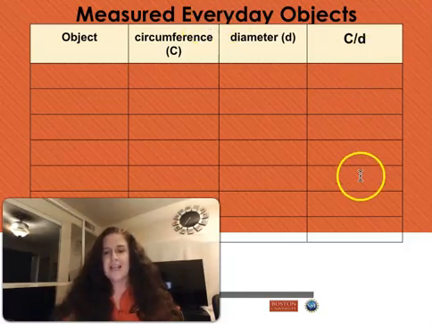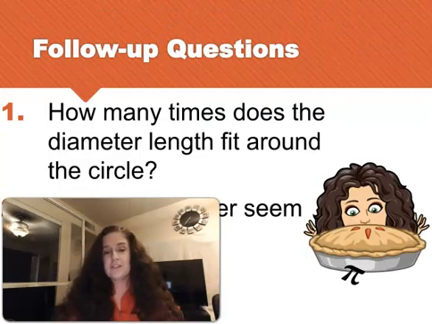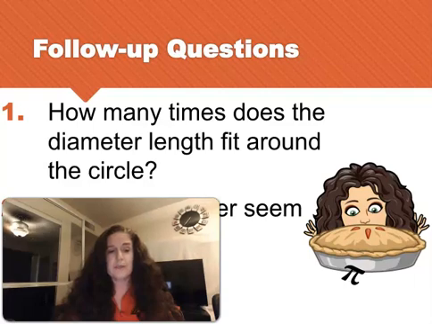And then this last column is you're going to take the circumference, this column, and divide it by the diameter, this column, for each object. So that's what you're going to do. You're not going to use any formula for the circumference. You're going to actually measure the everyday objects. And then you're going to answer these follow-up questions, which is really important.